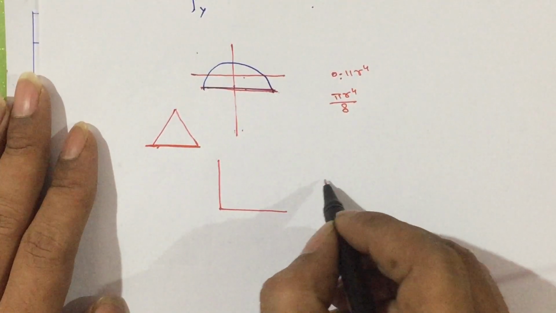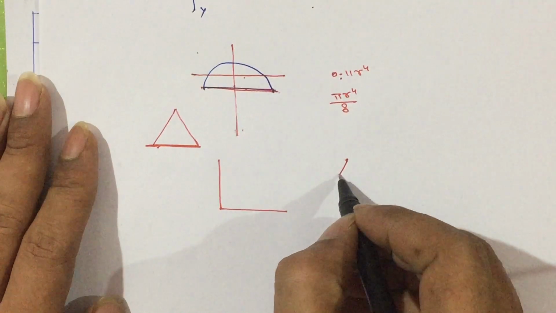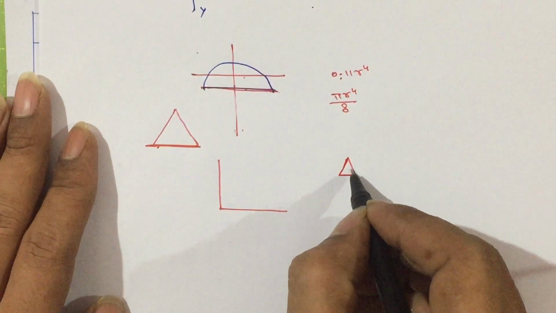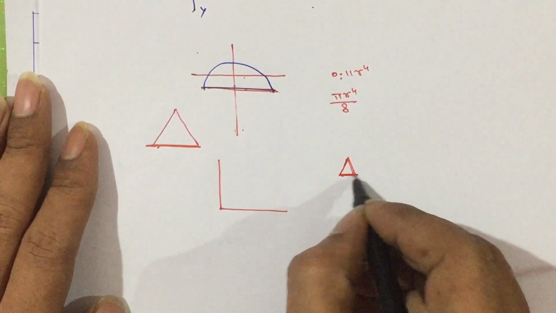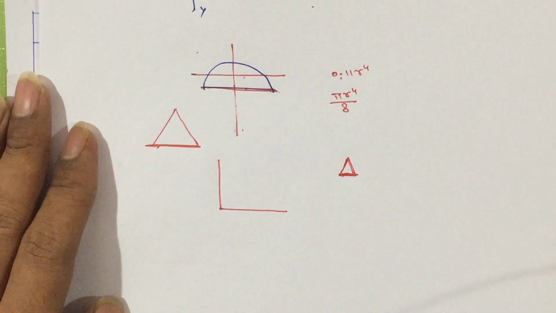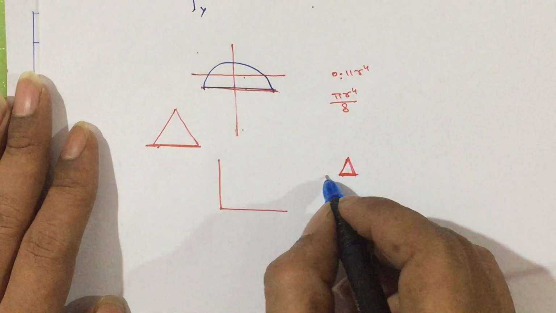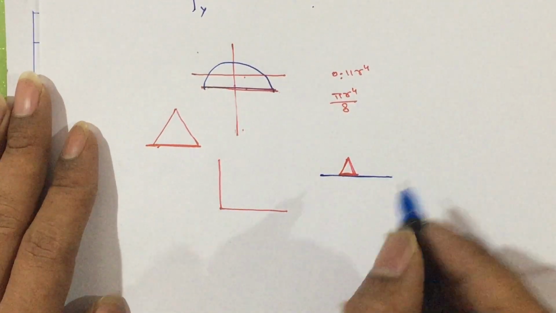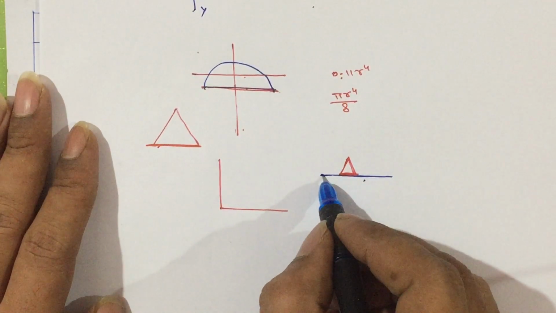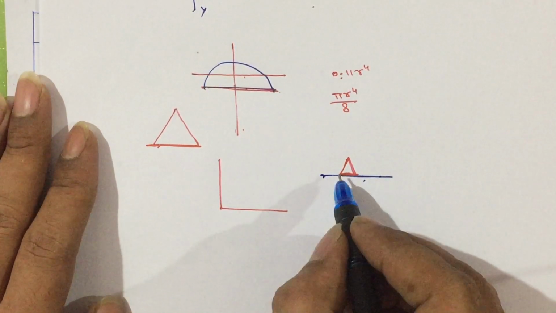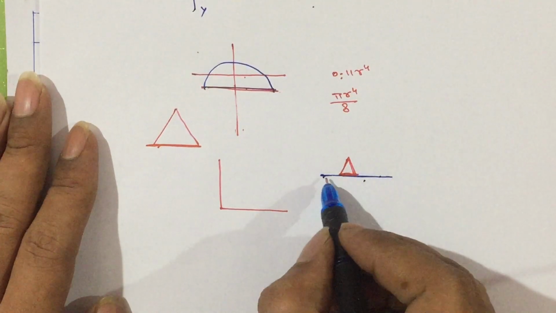Suppose we took a triangle, just for an example, this is the base, and if this base directly coincides with the given base, in the problem they will specify to which base you need to calculate.